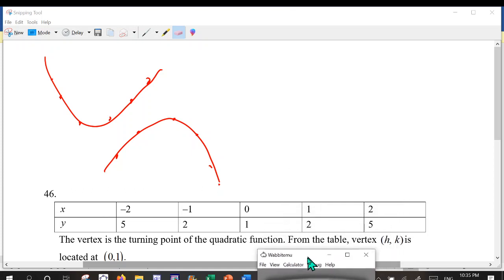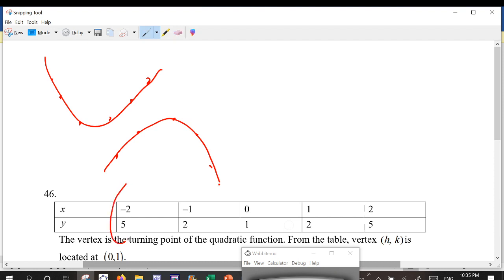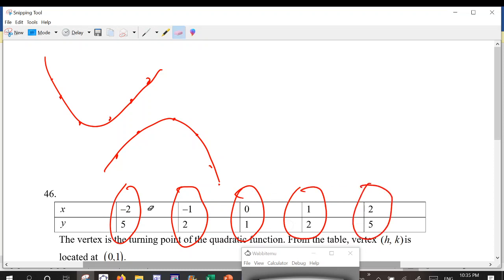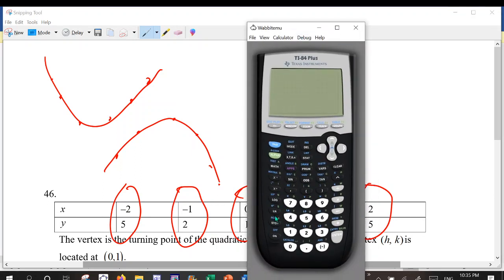Now to do that, you have to graph these points. These are points, right? These right here are ordered pairs. So how many ordered pairs do we have? We have 5 ordered pairs, and these are x values and these are y values. So to graph it with a calculator, we turn it on, go to Y=, and make sure there is nothing here.